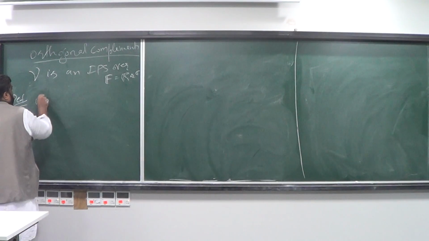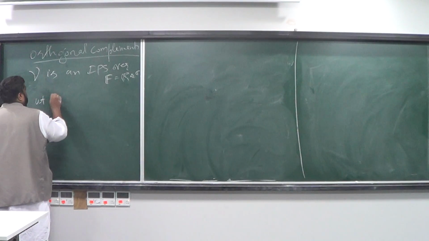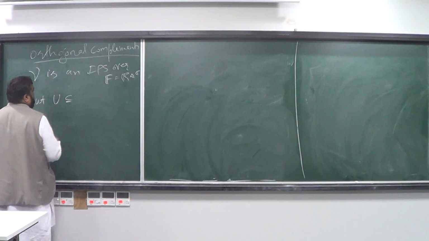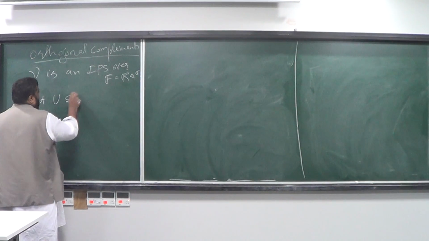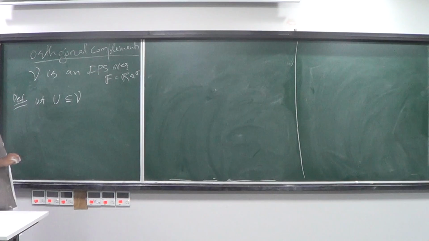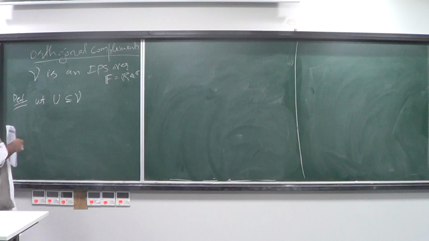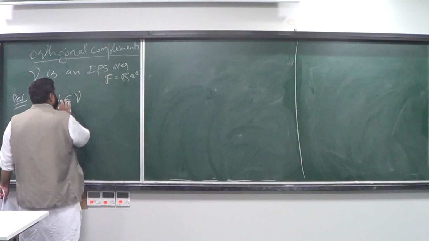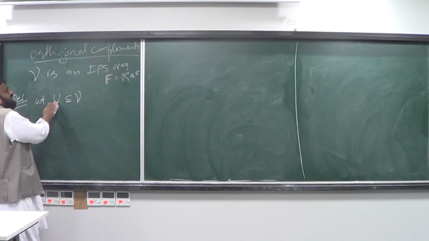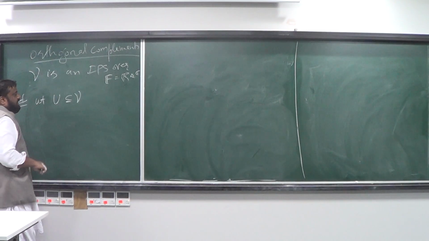Assume that you have a subset U of the inner product space V. So I have a non-empty subset U of the inner product space V. It could be one vector, it could be a collection of vectors.